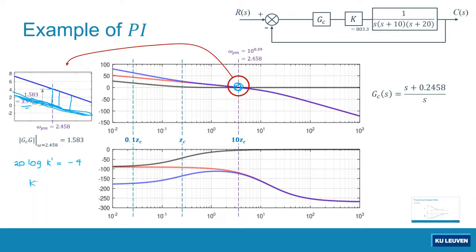So from here I know that K prime should be equal to 10 to the power of minus 4 over 20, which, if I use my calculator, is about 0.63. So after I calculate this, I need to add one more gain here, K prime, where the value is equal to 0.63.